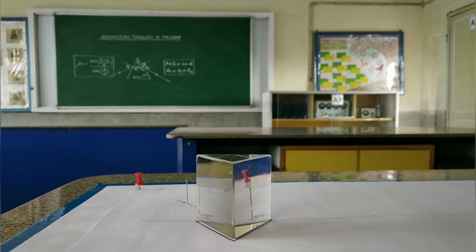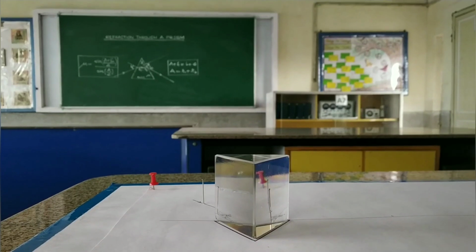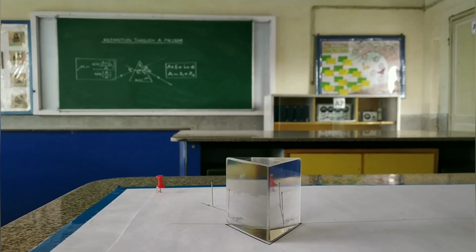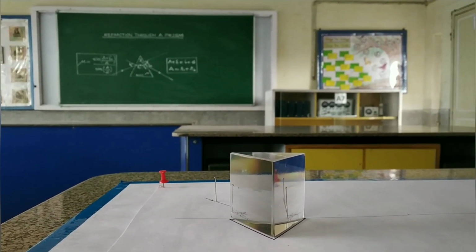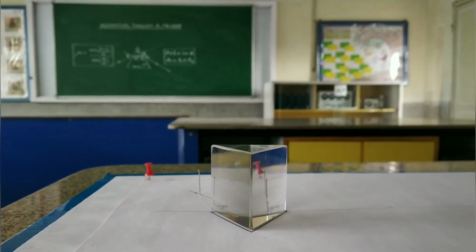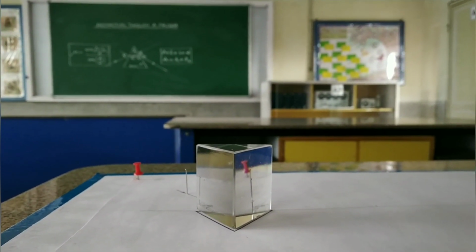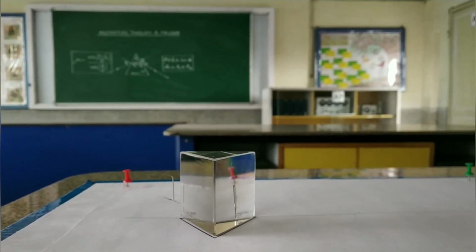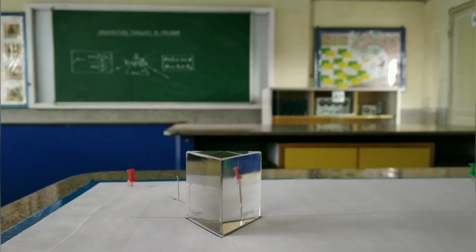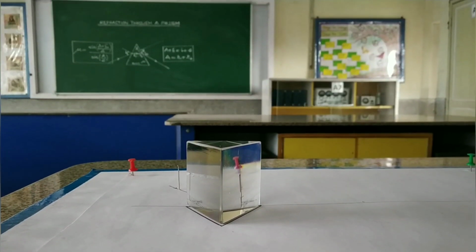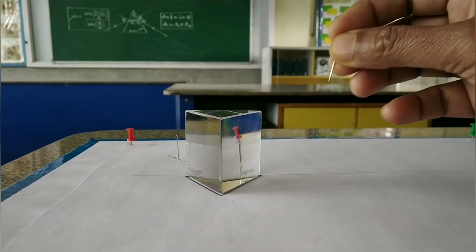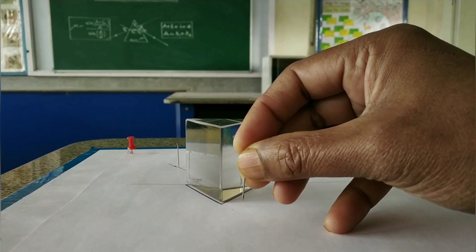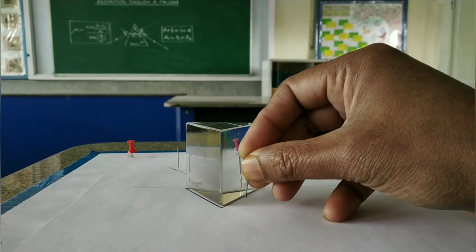Students, the images of the two pins which are fixed on the incident ray can be easily seen through the second refracting phase of the prism. Now, we need to bring the images of these two pins in a line, and we need to fix a third pin so that all the three pins lie on the same straight line.